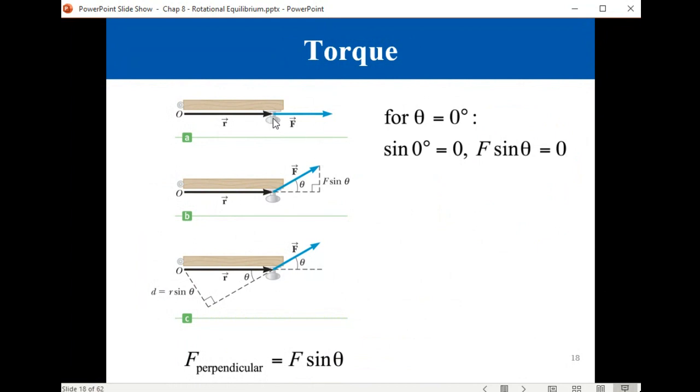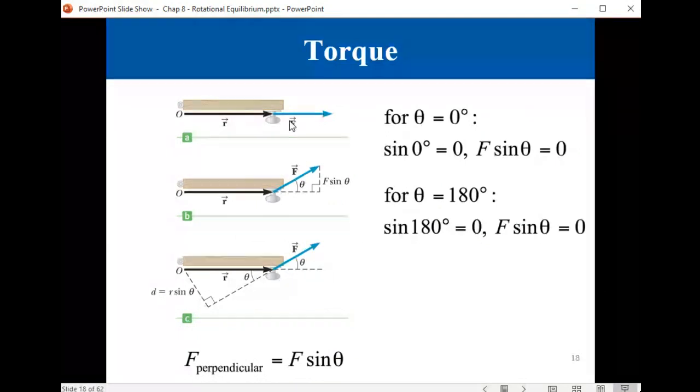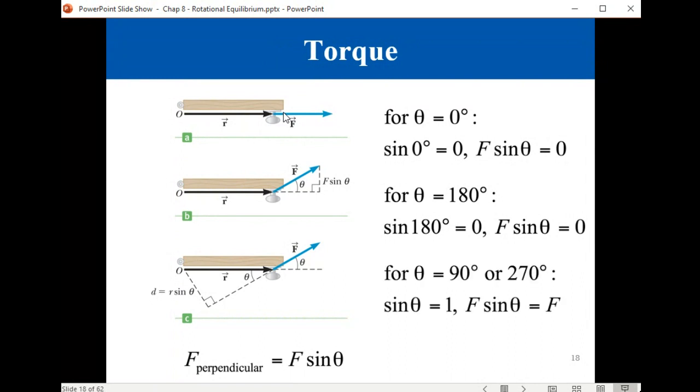For this situation, theta is 0. Therefore, F sine theta is 0. Same if theta is 180 degrees: sine 180 is also 0. So the torque due to such a force will be 0.